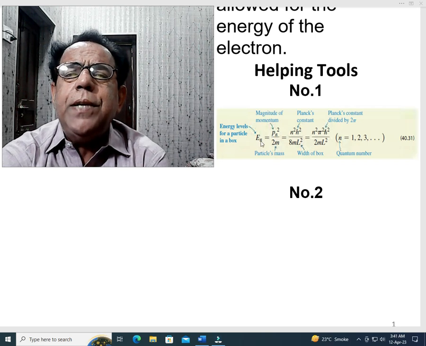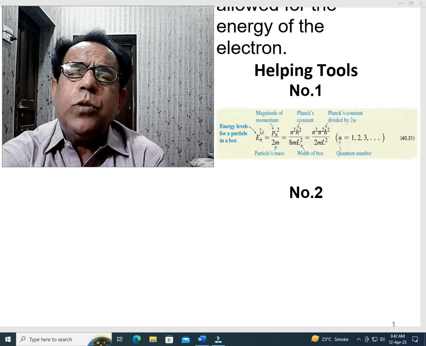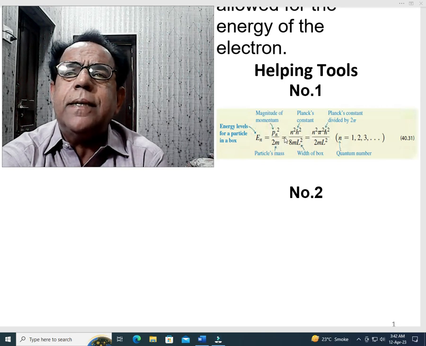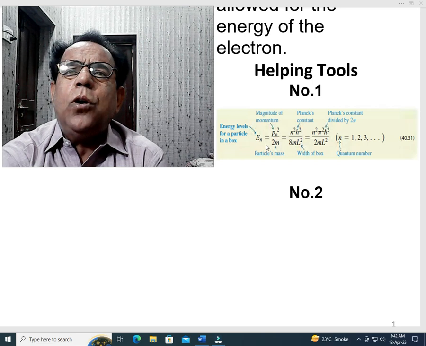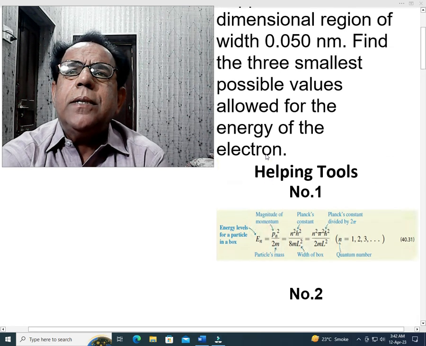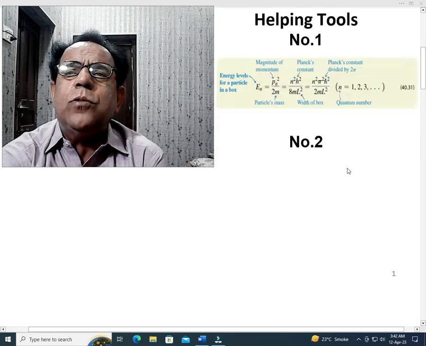We have used this intermediate arrangement: En is equal to n square h square over 8 m L square, and here for smallest energy n will definitely be 1, because the least value of n is equal to 1.